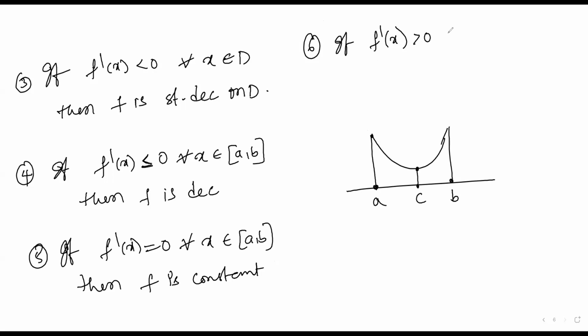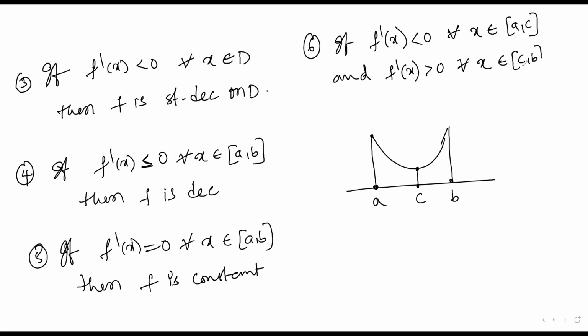If f dash of x is greater than 0 for all x belongs to A to C, and this is less than 0, and this is greater than 0 for all x belongs to C to B.